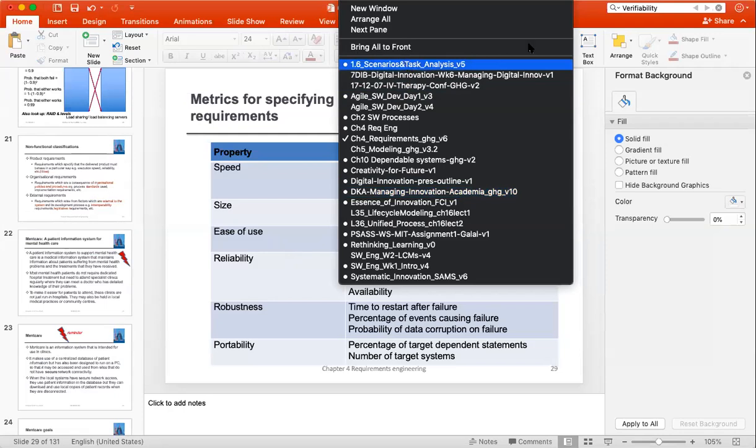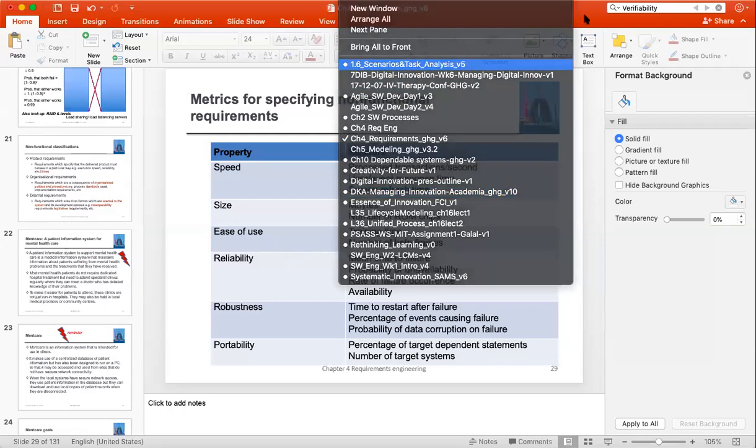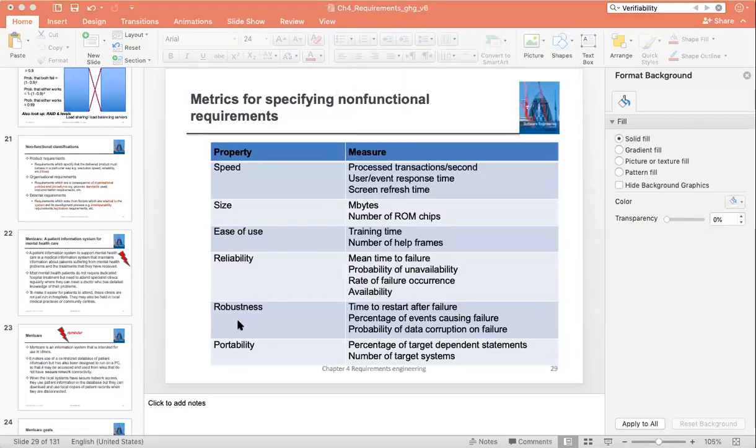Is anyone confused about use cases and scenarios? No. Okay. Yes, doctor. I didn't hear the question. I was just asking, is anyone confused, does anyone want to ask a question about use cases and scenarios? No, it's very simple. Okay.